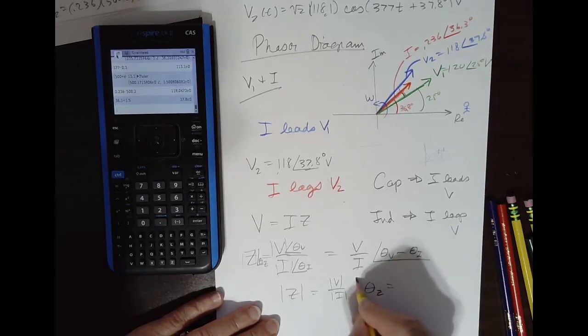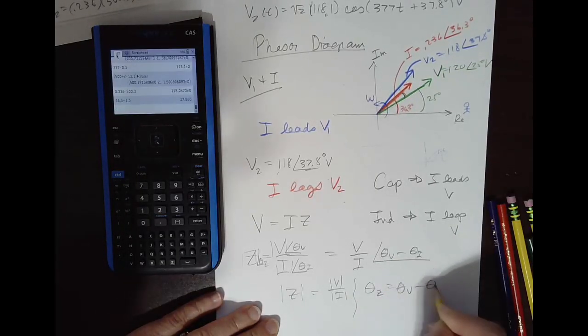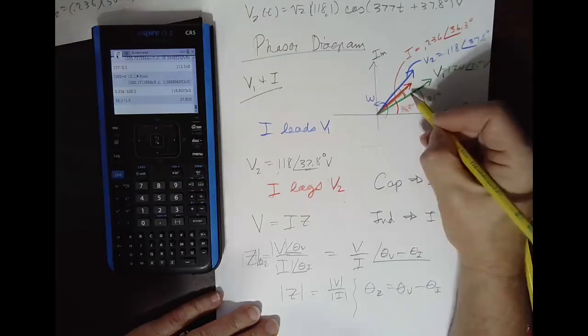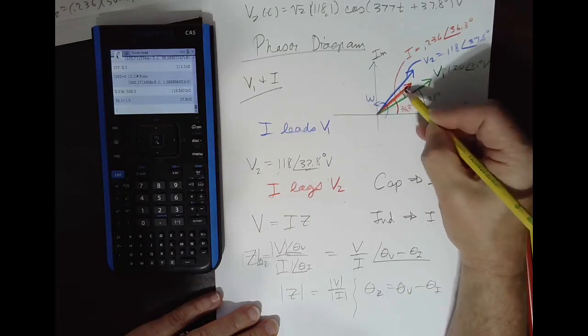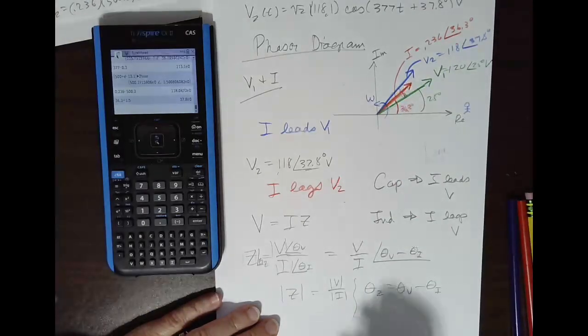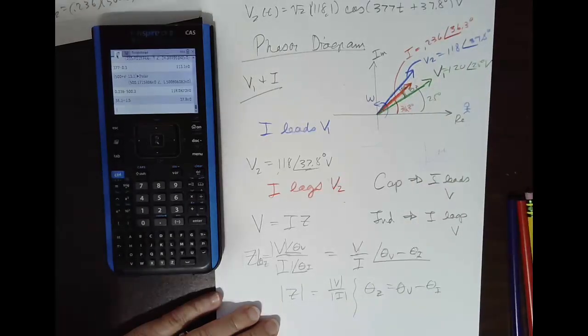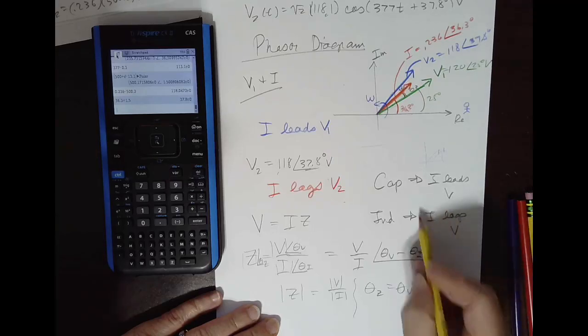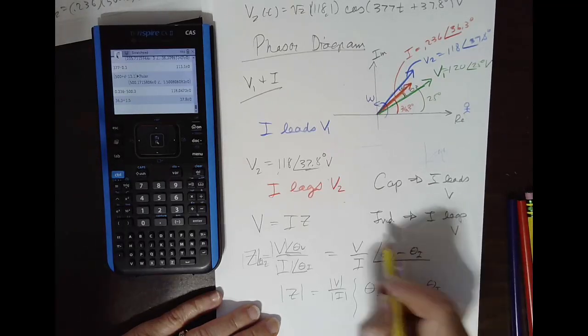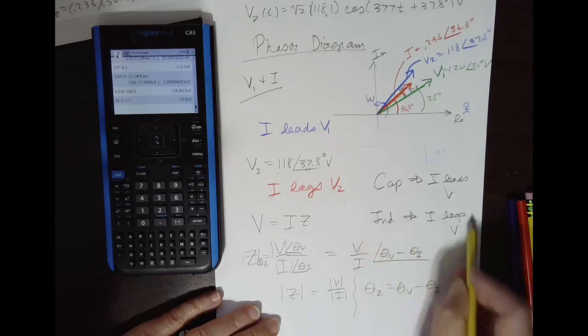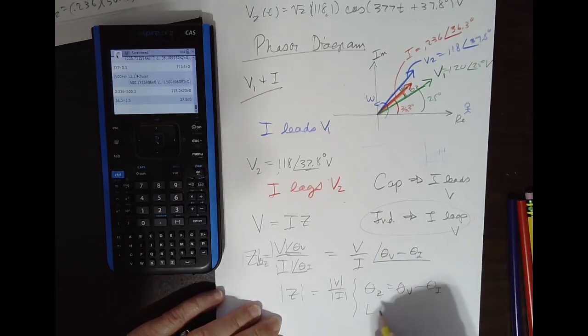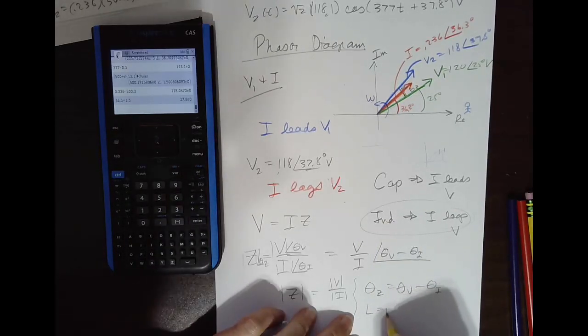is theta V minus theta I. So the difference between these two angles is the impedance angle, theta z: voltage angle minus current angle. If I is lagging behind V, as for an inductor, theta z is greater than 0.